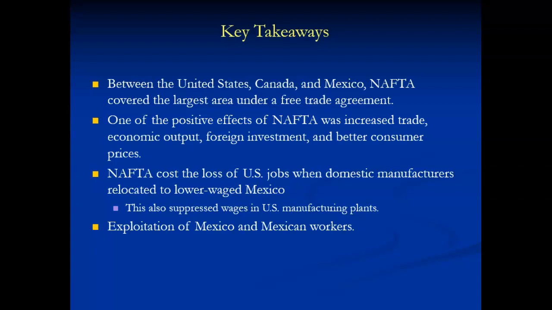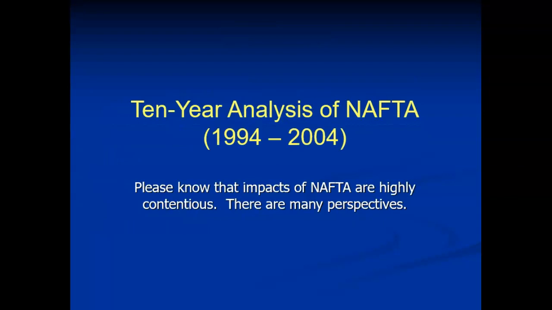So all those things happened. There was a cost of NAFTA with the loss of some U.S. jobs when domestic manufacturers relocated to lower-wage Mexico. As I said earlier, this also suppressed some of the wages in U.S. manufacturing plants. And then there's the other aspect about the exploitation of Mexico and Mexican workers. More on that in here.